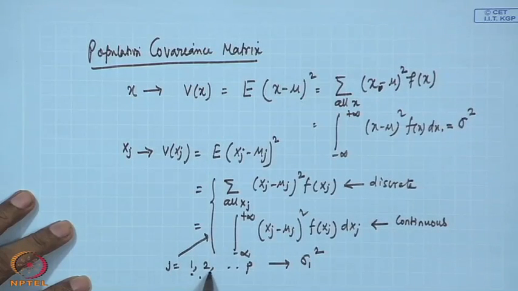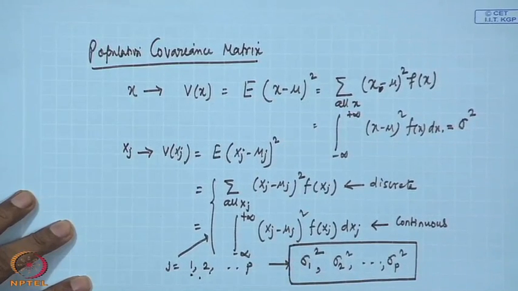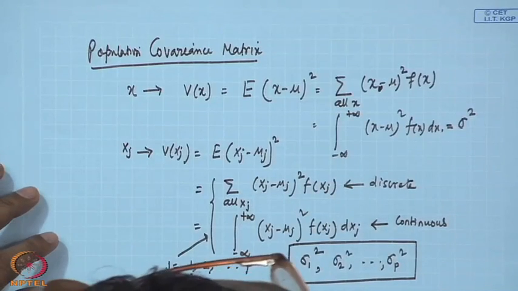When you put j equal to 2, you get sigma 2 square. Like this you will get sigma p square. That means the variance components of all the variables come from this equation.